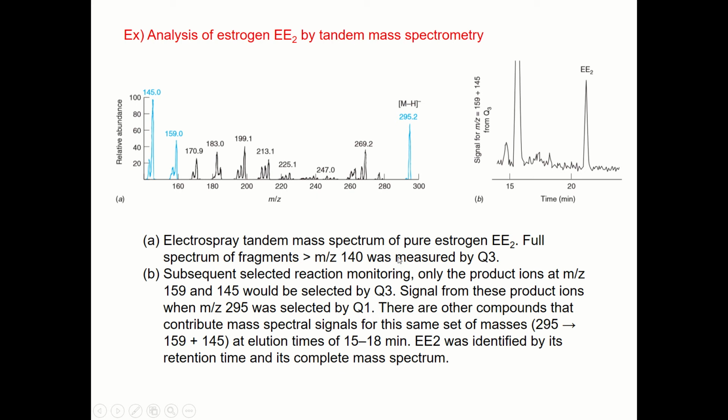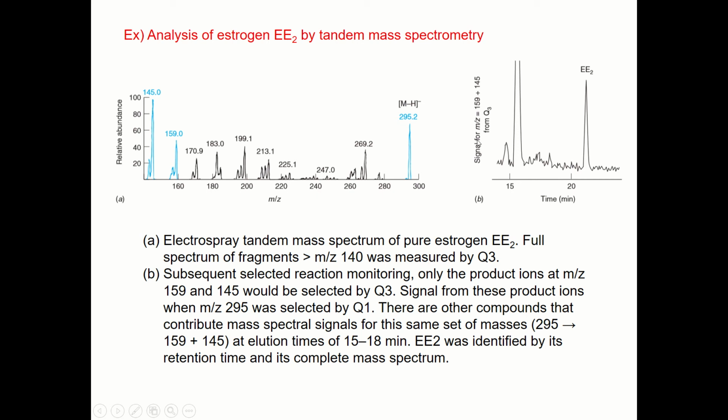In this figure you see a very big peak at this time, but this is definitely not EE2. Very accidentally, you see the same mass signal for mass to charge, 159 plus 145.